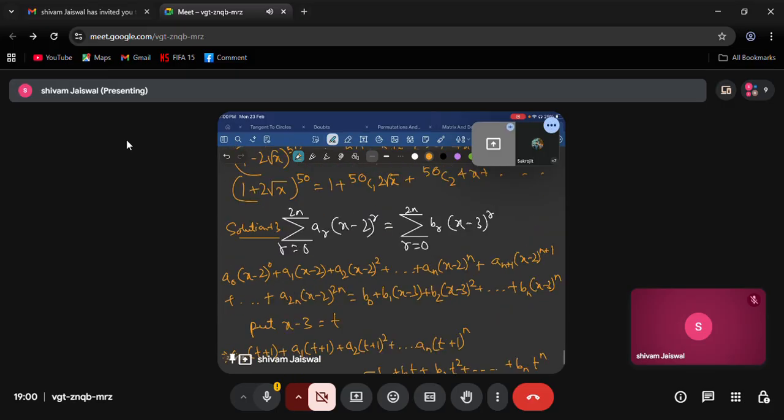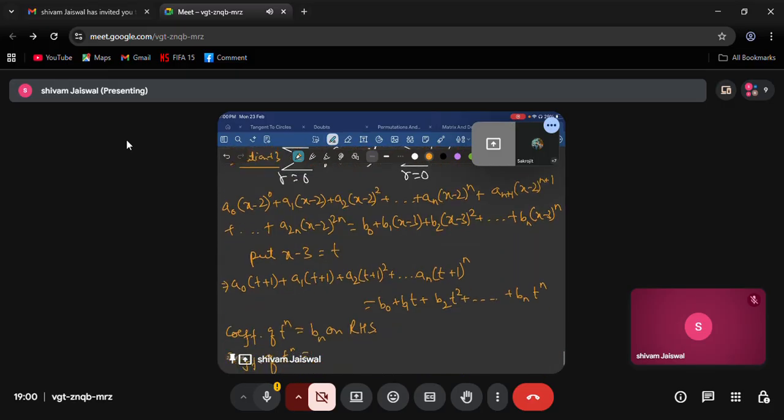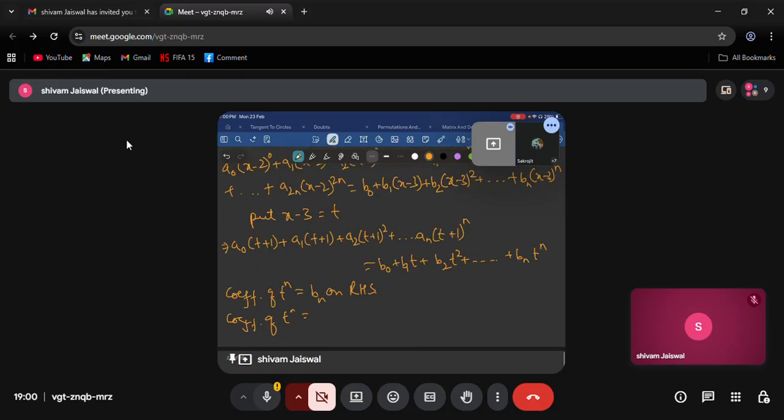Wait, let me check. On the right hand side, only over here will we get t to the power n, or somewhere else also? T plus 1 whole to the power n plus 1 plus dot dot dot. Over here also we'll get t to the power n, up to a2n (t plus 1) whole to the power 2n.